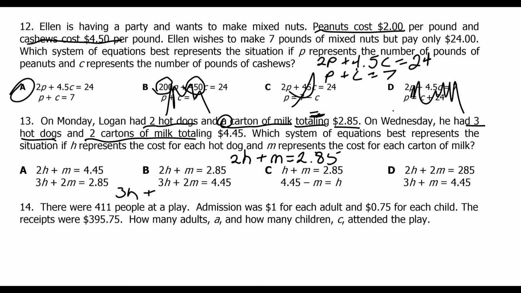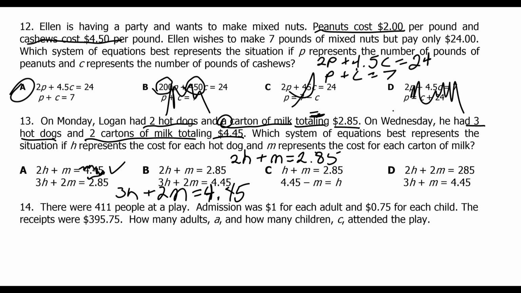Now, the question is, do we have any of these answer choices that match up with what we decided on? So, we got 2H plus M equals 285. Okay, let's see. A works. Or does it? It doesn't, because we got our totals mixed up. B, we've got the right hot dog and milk, and it equals $2.85. We got 3 hot dogs, 2 milk, and $4.45.